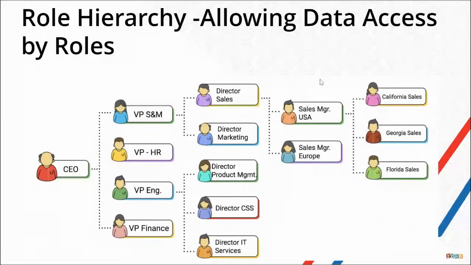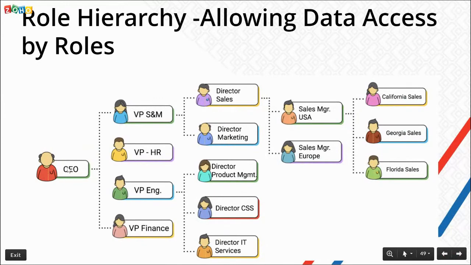Here, you could see the hierarchy. The CEO, and under the CEO, VP Sales and Marketing, VP HR, VP Engineering, and Finance all come under the CEO. Under the VP, we have Director Sales and Director Marketing, and under Finance and Engineering we have these many hierarchies. The hierarchy goes on and on till the salesperson, right?